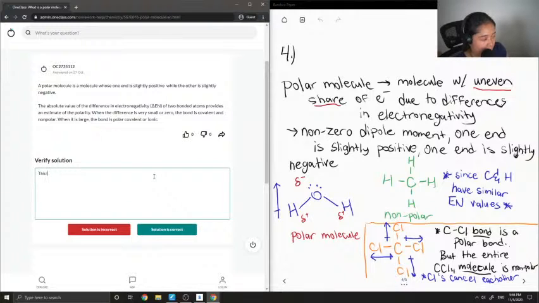this solution is correct. They talk about that difference in electronegativity of two bonded atoms, but the second part of the definition just defines what a polar bond is. The first part is defining the polar molecule. So I'll just clarify that.